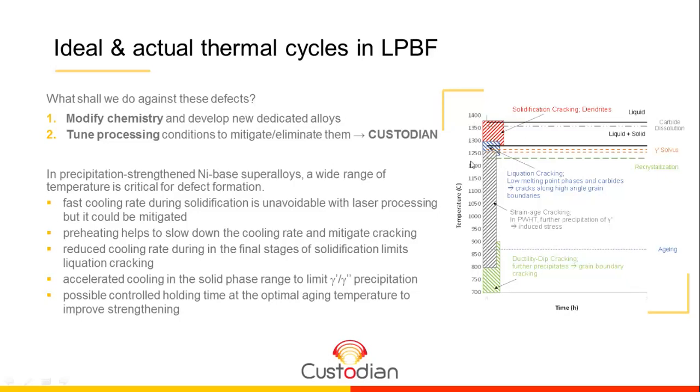So we know that fast cooling is a quite critical condition for crack development. A fast cooling rate during solidification is, I would say, unavoidable with laser processing, but could be mitigated by preheating, for instance. And this allows slowing down the cooling rate and mitigating the cracking.